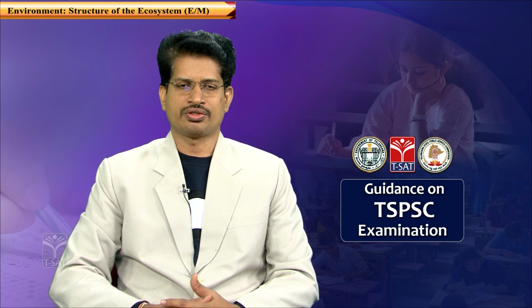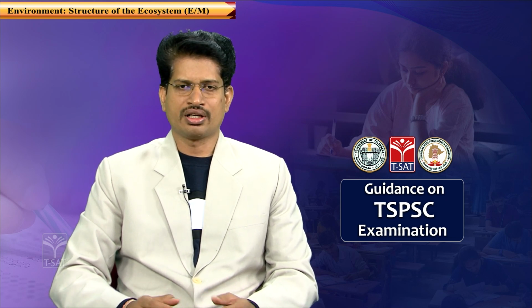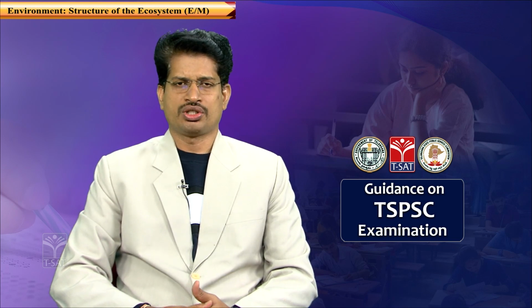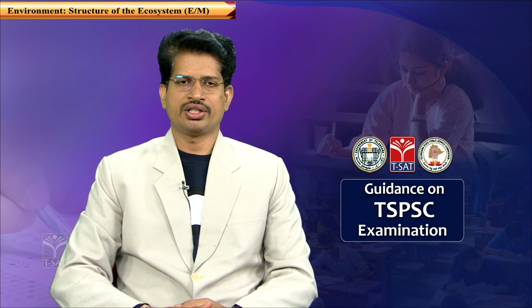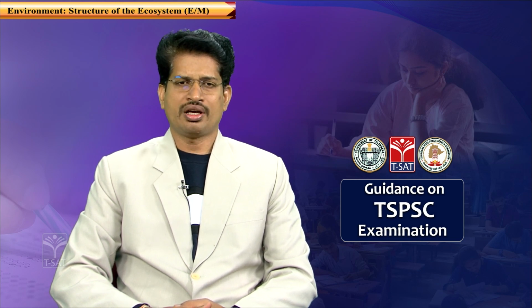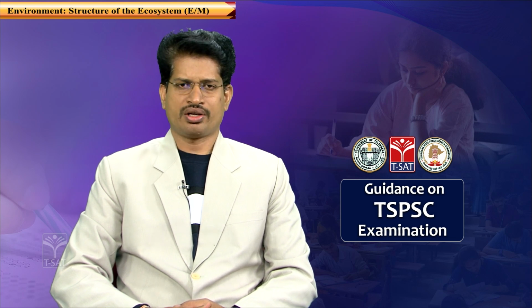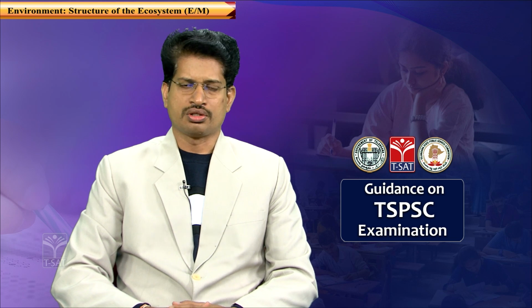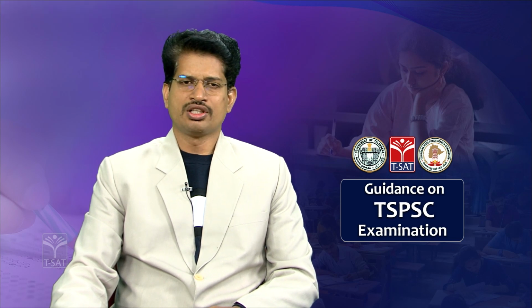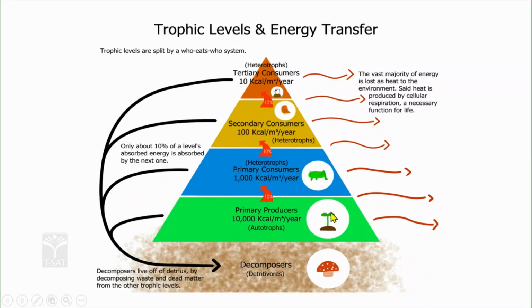The first trophic level is known as the primary producers, and the basis on which a trophic level is defined is the mode of acquiring nutrition. The way a trophic level acquires energy or nutrition is the basis on which the levels are divided.